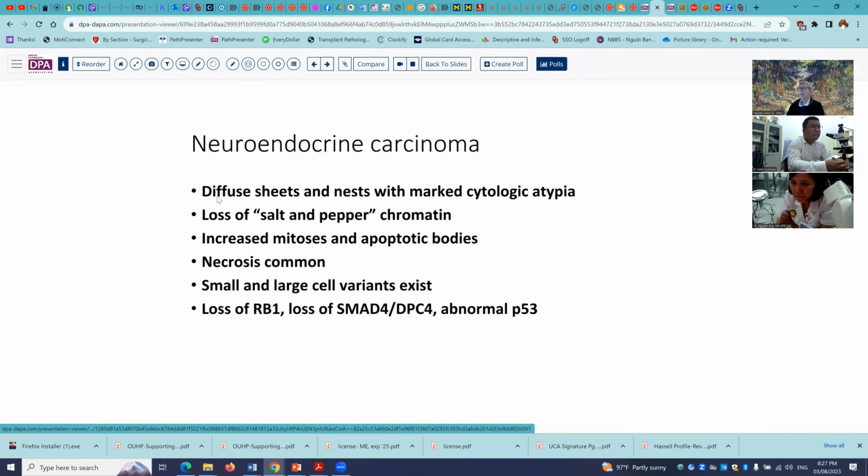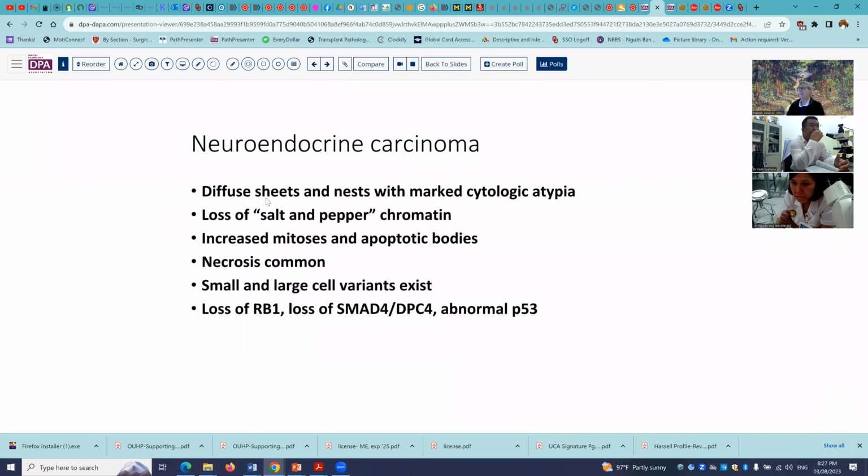So neuroendocrine carcinoma we define as diffuse sheets and nests with marked cytologic atypia. You begin to lose the nuclear features of salt and pepper chromatin, with many more mitoses and apoptotic bodies, with necrosis. In the pancreas, these tumors tend to lose the RB1 marker if you have that available. We occasionally order that as a send out.